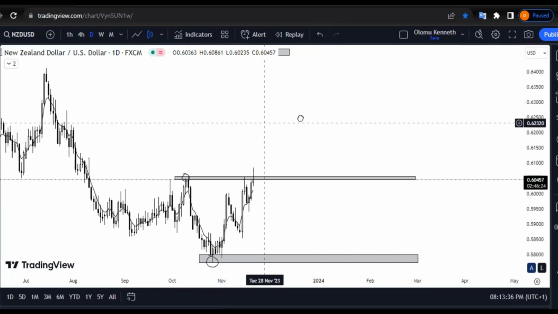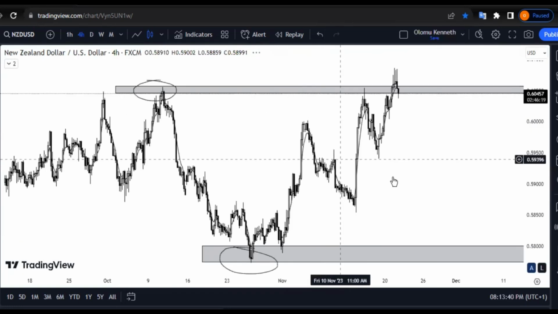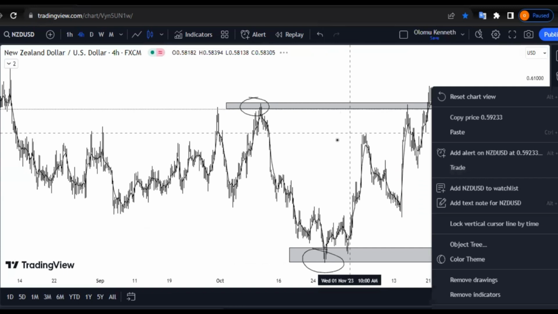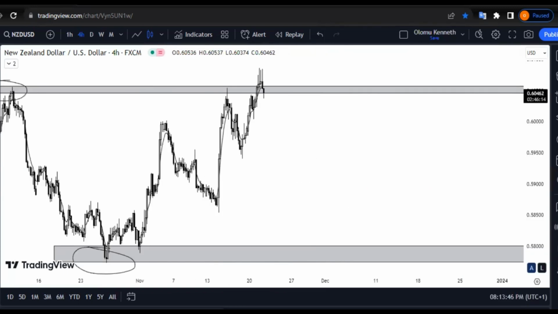So without saying much, we can see very well that this market is within a range, and we might see pushes to the downside.